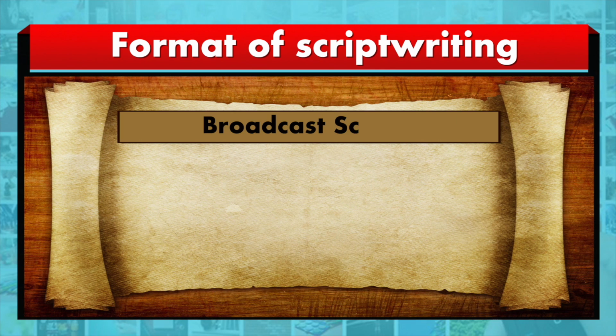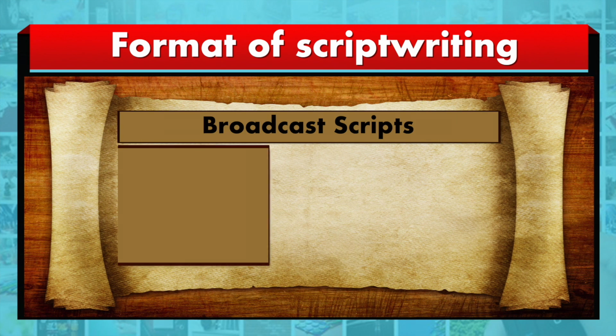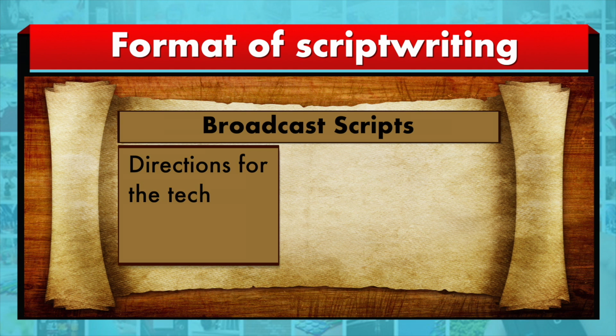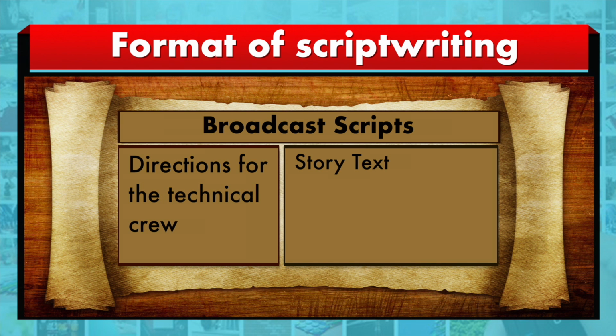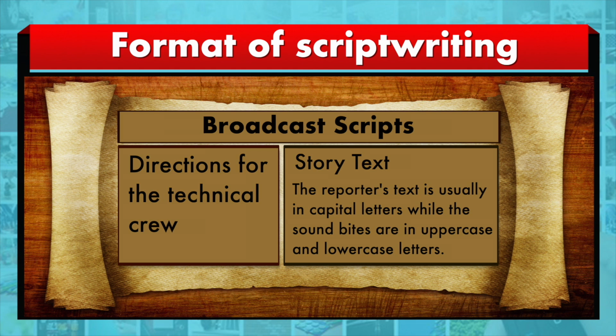Broadcast scripts are written in 2 columns, with directions for the technical crew on the left and the story text on the right. Today, newsrooms use a computer program that automatically formats the scripts. The reporter's text is usually in capital letters, while the sound bites are in uppercase and lowercase letters.